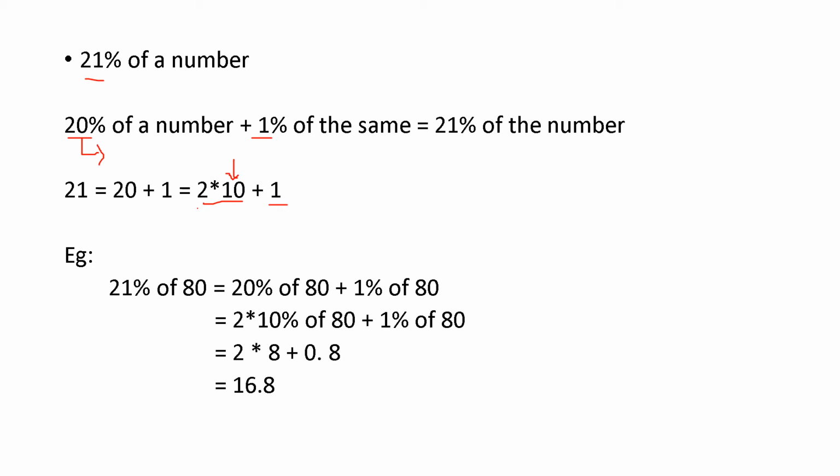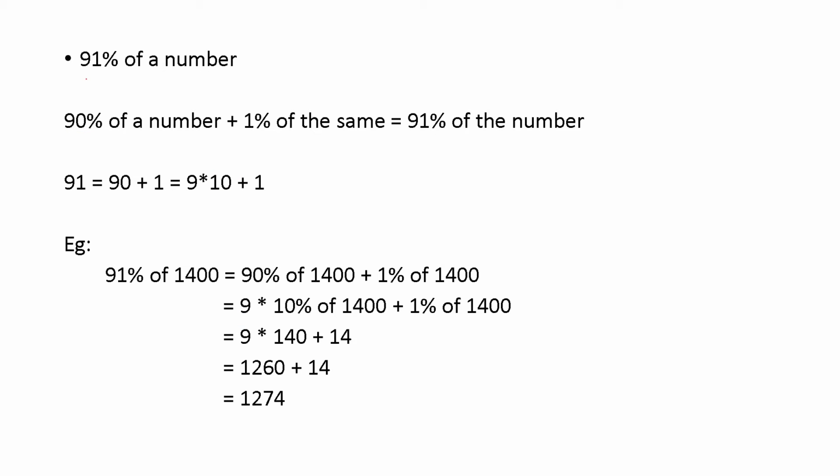So here's an example, 21 percentage of 80. So 20 percentage of 80 plus 1 percentage of 80. 20 means 2 into 10 percentage of 80 plus 1 percentage of 80. So 2 into 10 percentage of 80 is 8.0. So 8. 1 percentage of 80 is 0.8. Okay. Add them, you will get 16.8.